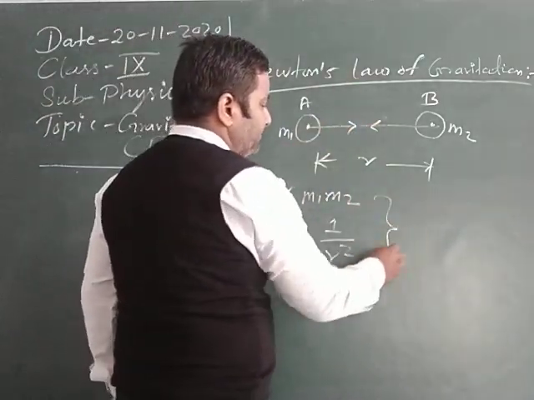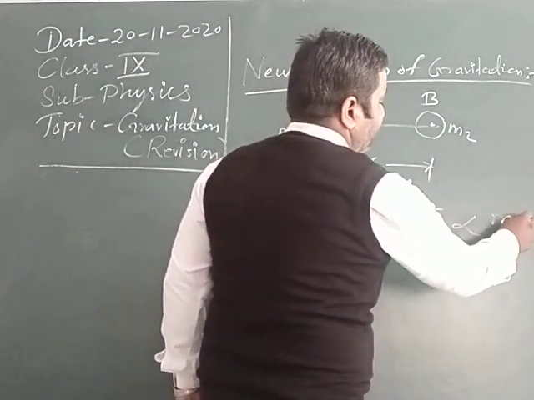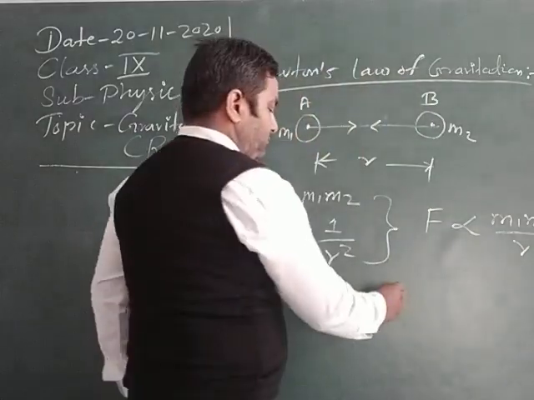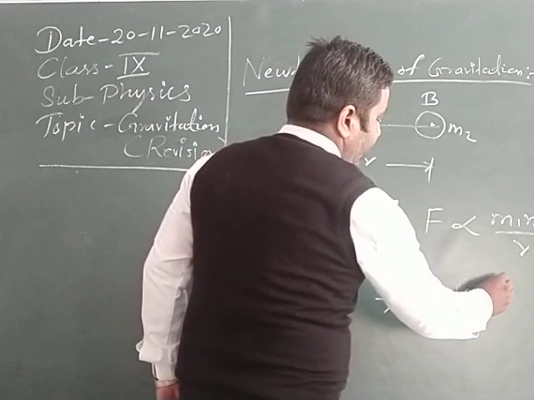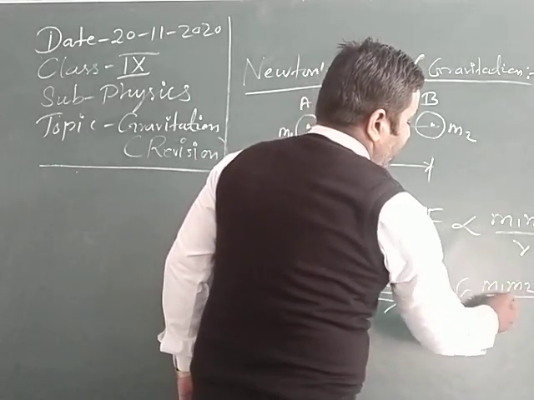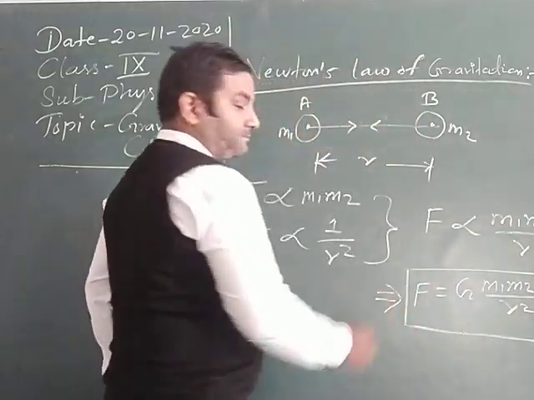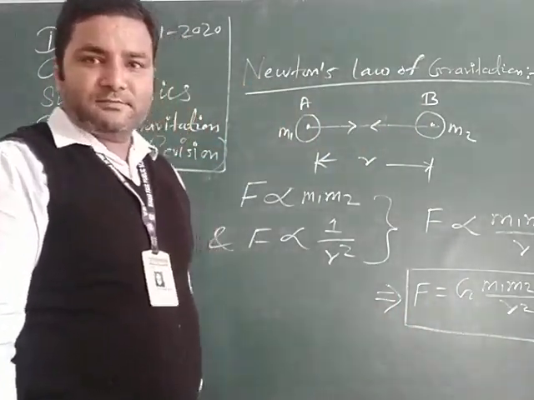Combining both, F is proportional to m1 m2 upon r square. F is equal to capital G m1 m2 upon r square. This is the formula for force.